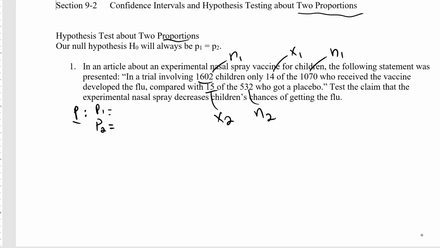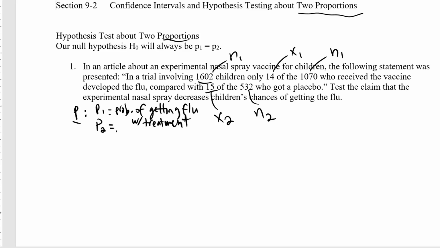Test the claim the experimental nasal spray decreases the chance of getting the flu. So P1 will be the probability of getting the flu with the treatment.